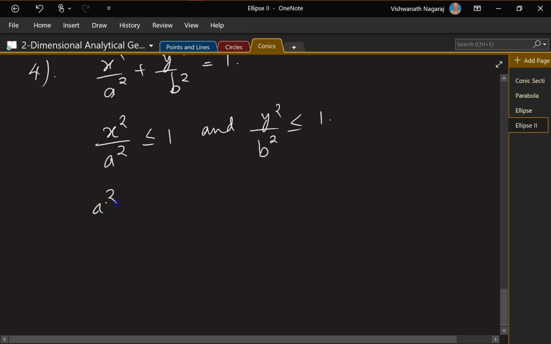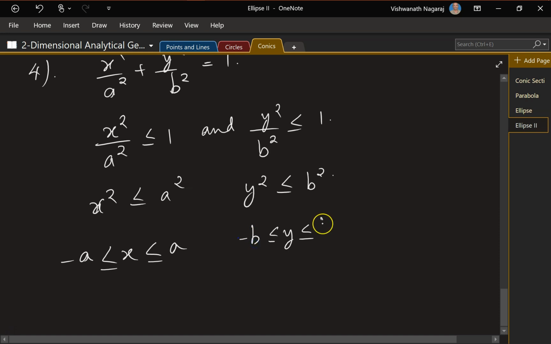So which means x square has to be less than or equal to a square, and y square has to be less than or equal to b square. So x has to lie between minus a and a, and y has to lie between minus b and b.